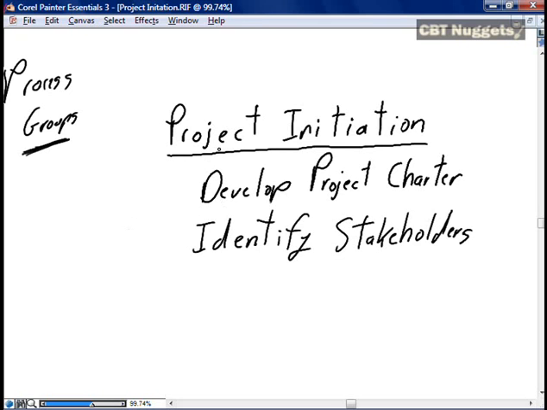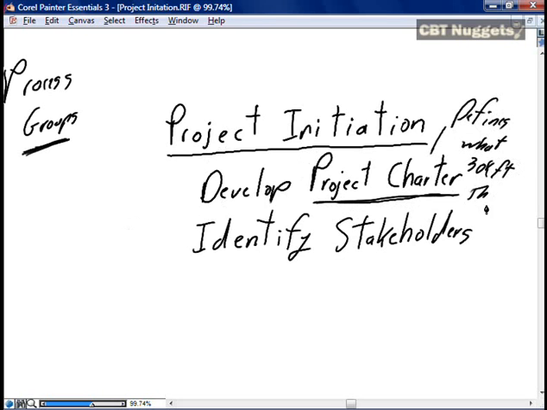The key aspect of project initiation is the development of, or the revalidation of, the project charter. The project charter defines, at a high level, at the 30,000 foot level, what the project is. Another key aspect in project initiation is the identification of stakeholders.